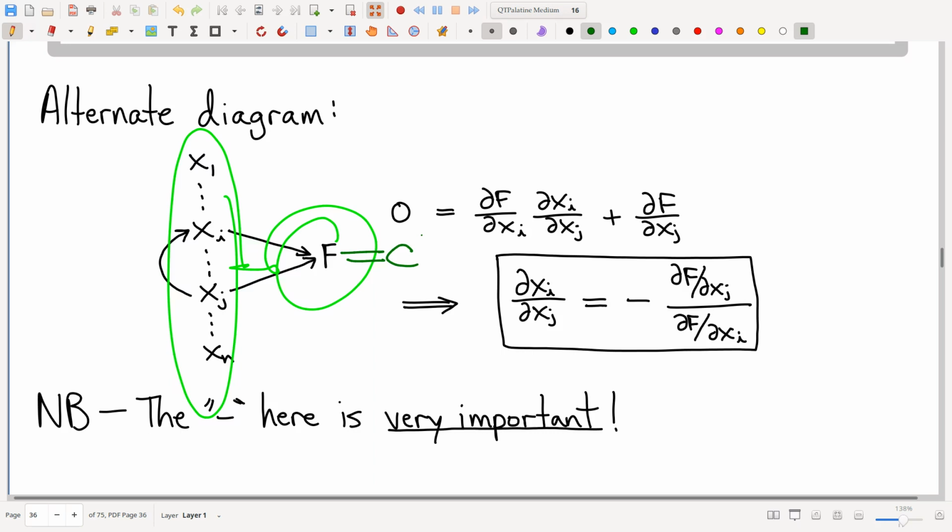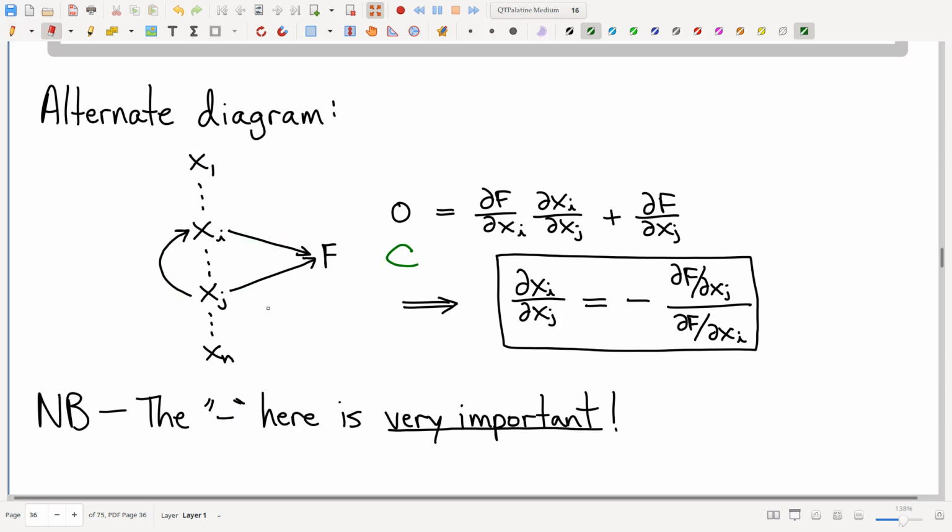And then I've argued that because of certain partials not being 0, I can view one of these variables, in particular xi, as being a function of the others.